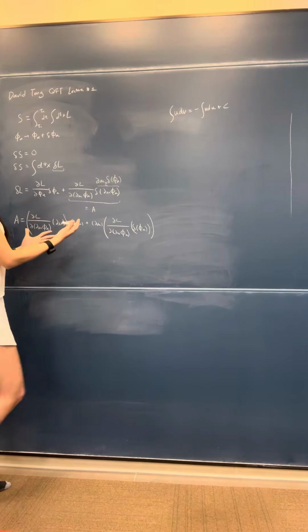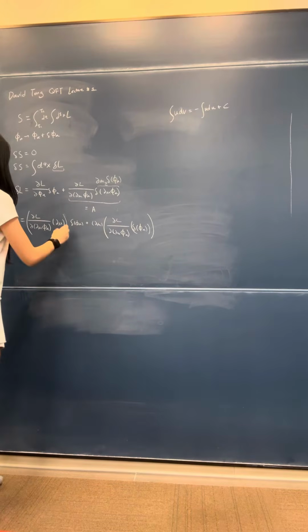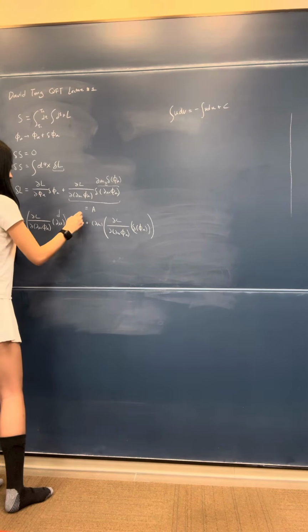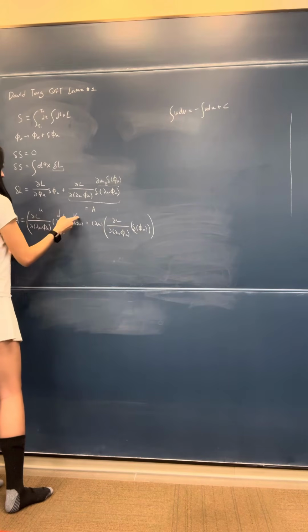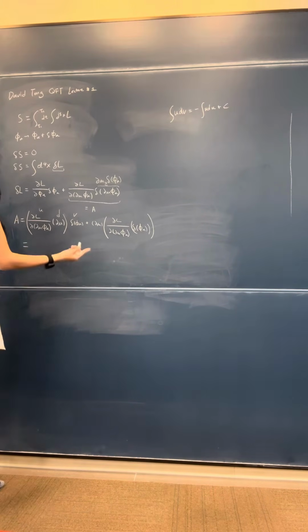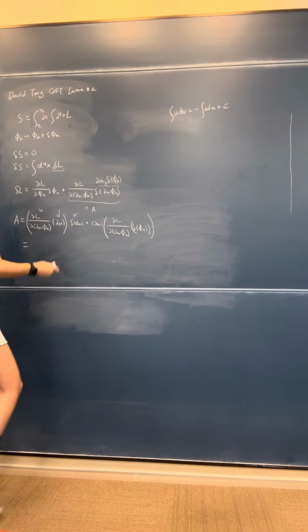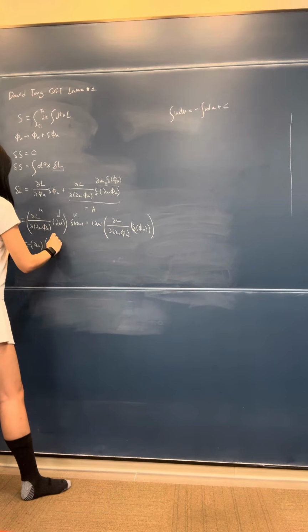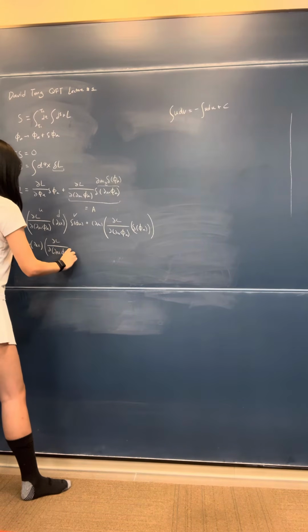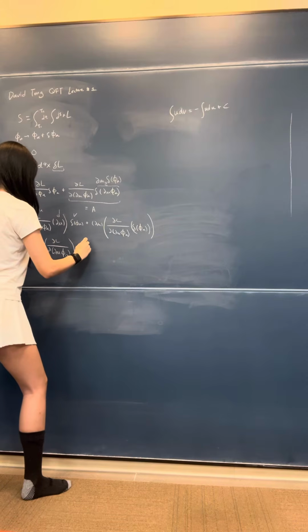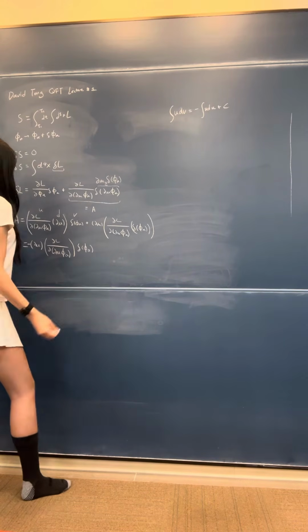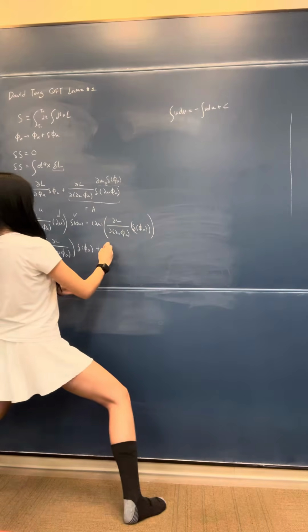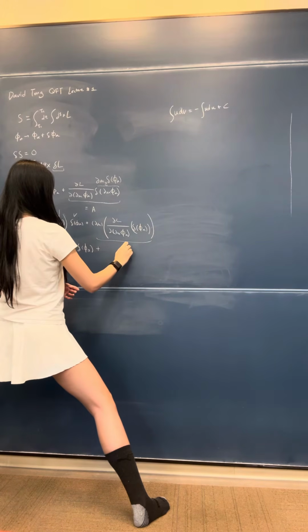If we stare at it for long enough, we can find out that this is d, that is v. u dv we can write as negative v du, or negative du v, which would be negative du, and plus this part, which I'll just put here.